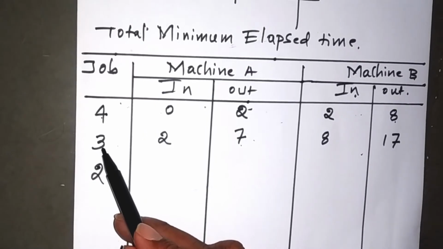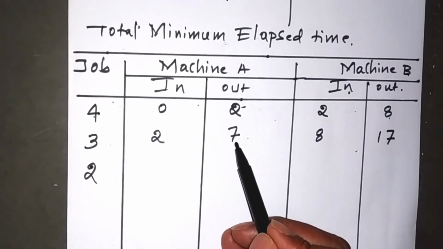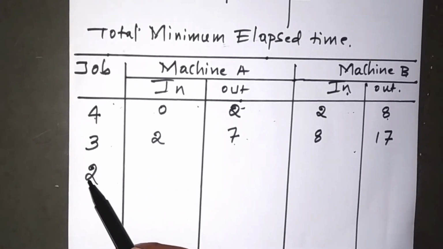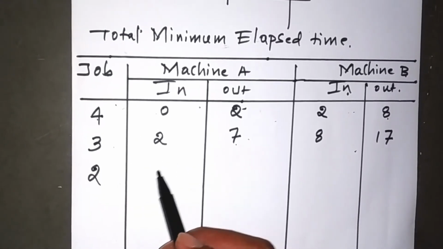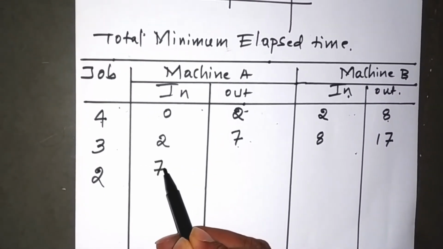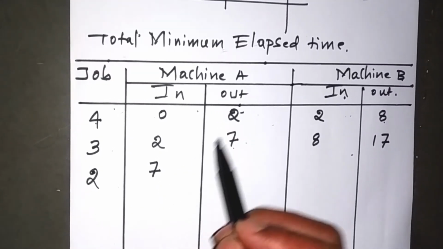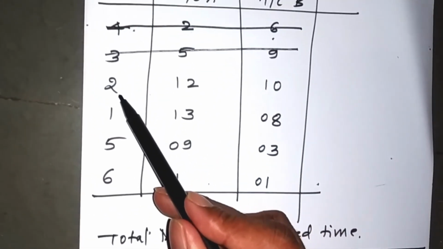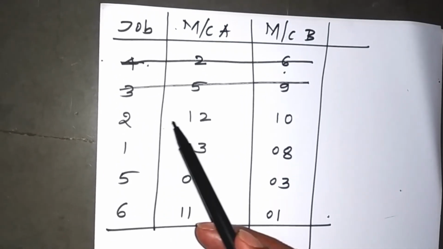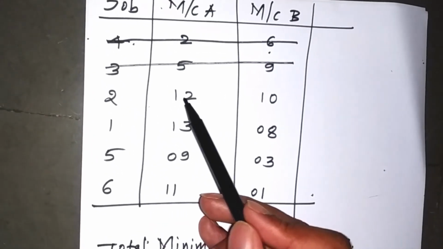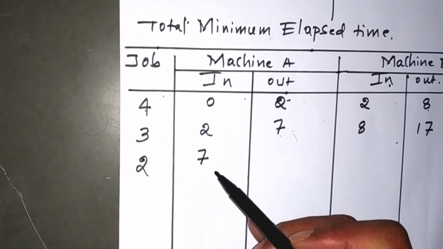So the third job will complete after 7 minutes. So after the 7th minute, job 2 is going to enter machine A. So my in time here will be 7. To this 7, I need to add the timing of the second job. So the second job will take 12 minutes. So 12 plus 7, we need to add it.